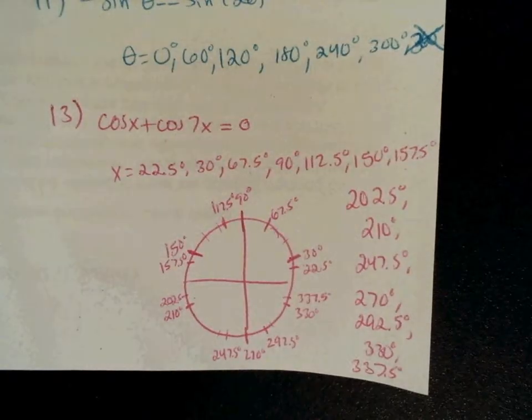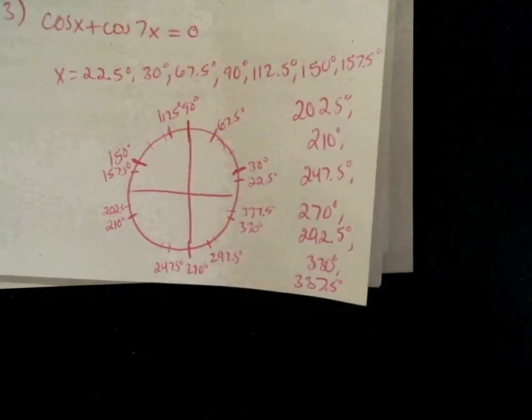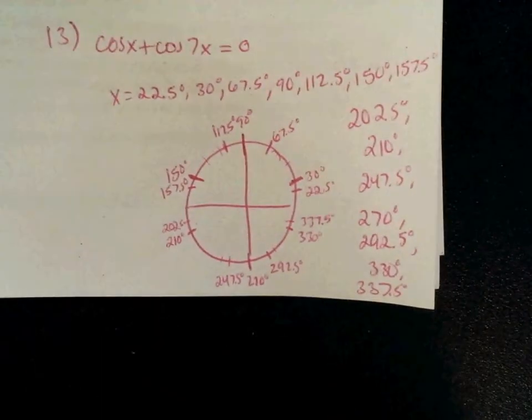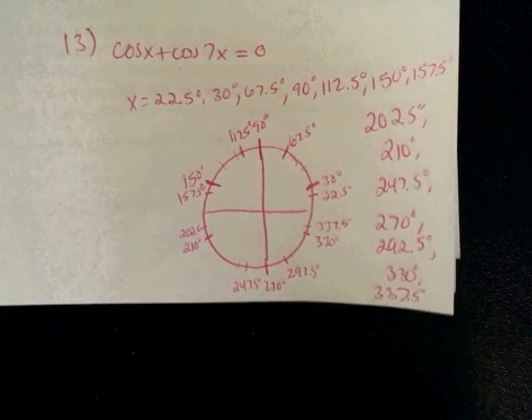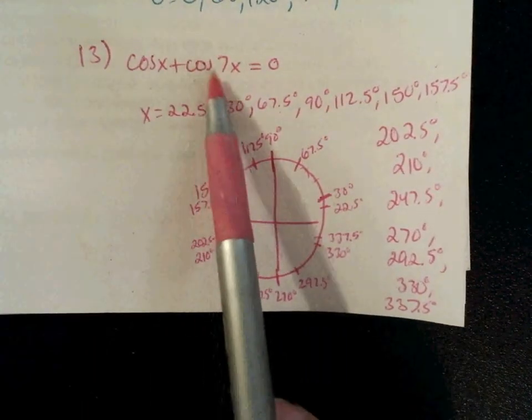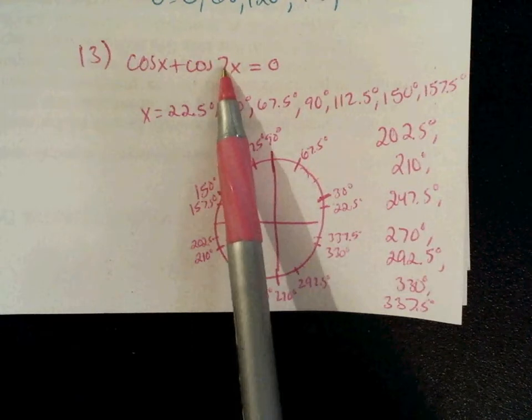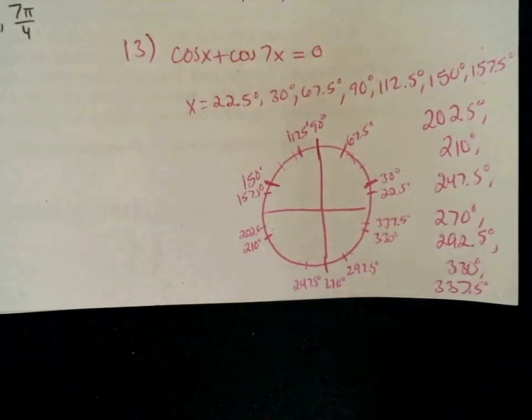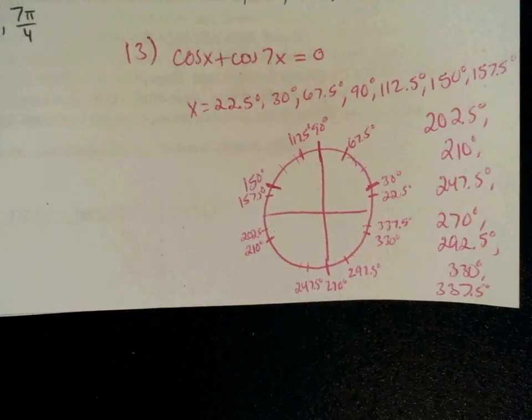What's going on here? Oh. Okay, so that comprises the list of solutions to that problem. Okay. It's kind of, this is a 7x and there are 14 answers.